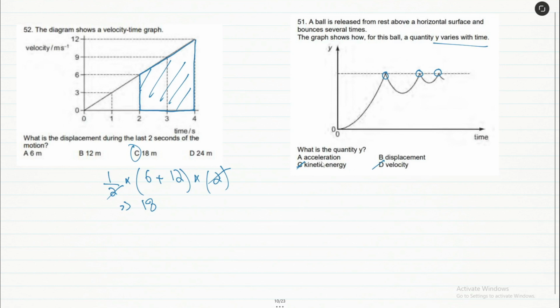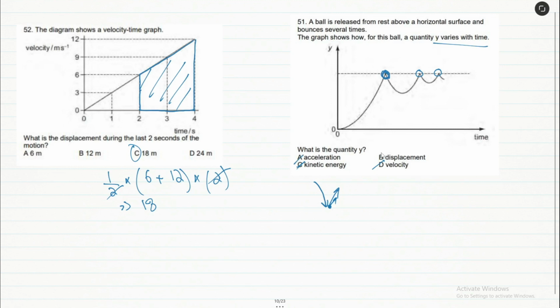Now, the difference between acceleration and displacement at these points. The acceleration at the point where the ball hits the ground would change direction, because the ball goes down and then it moves up. At this other point, the acceleration is not changing direction, in other words, sign.